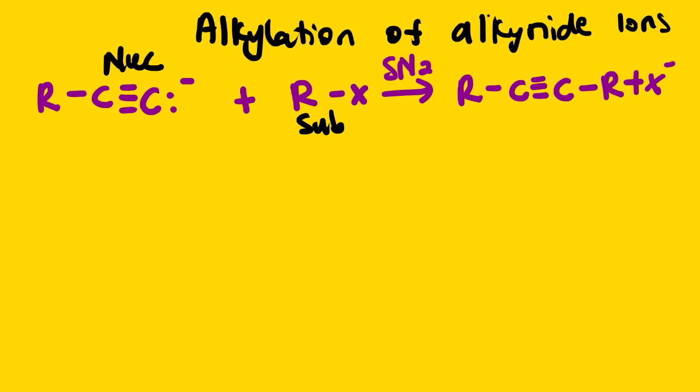Having an alkyne ion as our nucleophile and a suitable substrate, which can be methyl or primary, will favor the SN2 nucleophilic substitution reaction. It will form an elongated alkyne and our leaving group, which is the halide ion. Let us look at examples.